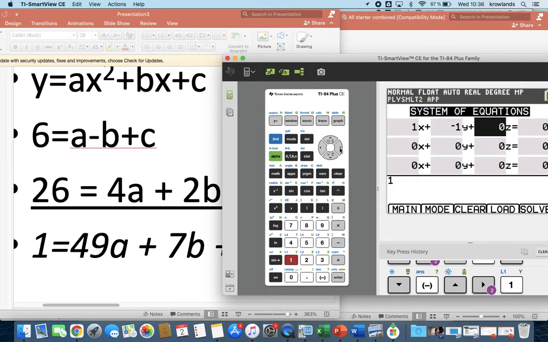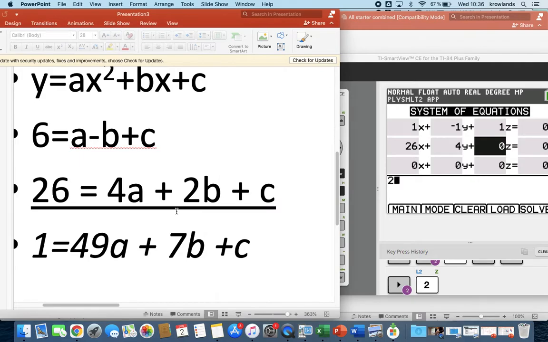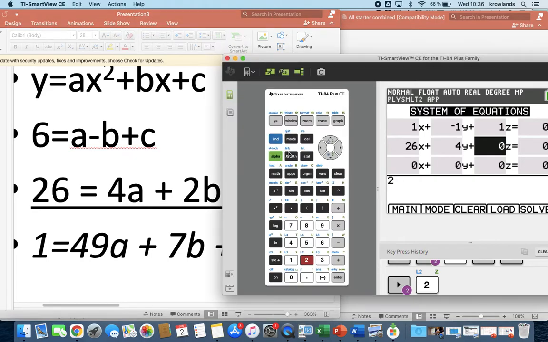Then on the next line of the equation, we have 26, 4, 2. Now you can see I've made an error with the second one, because what I should have done is 4, 2, 1. That's because I was rushing this question.